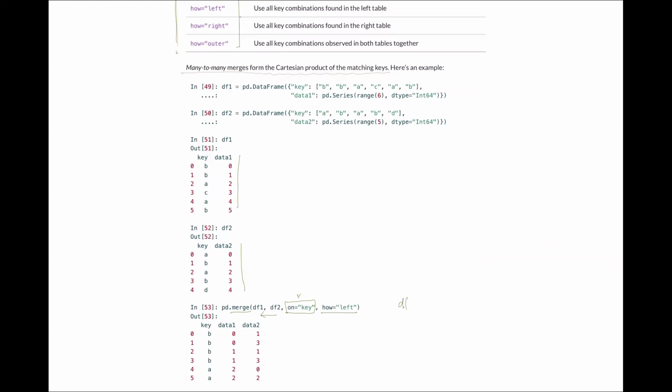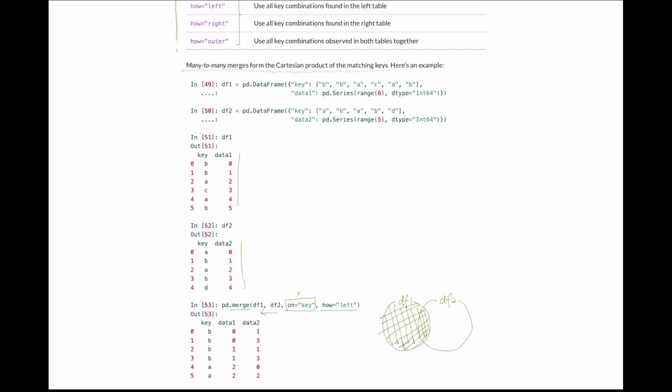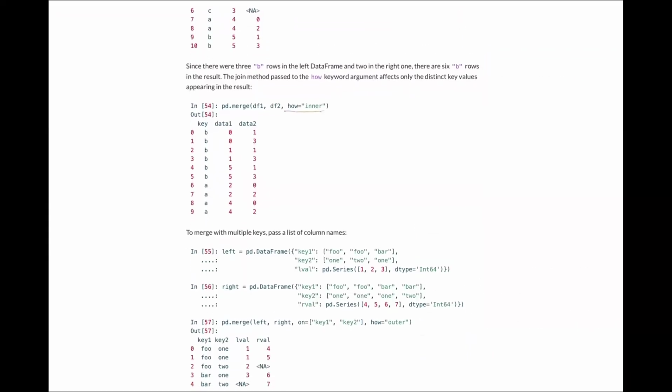For example, in this case, the left join is this part, right? And then the next one is the inner join. Like I said, inner join is where we only get this kind of data, all of them.